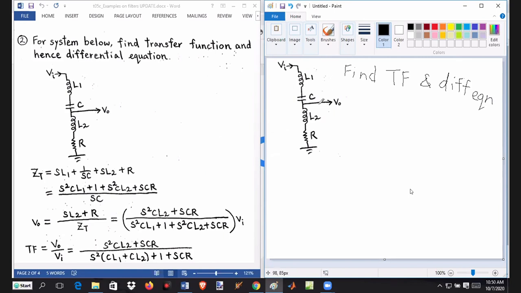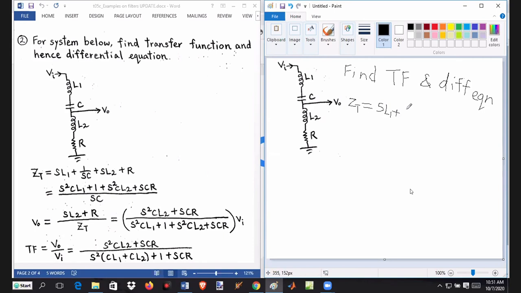So you start off by saying ZT equals what? L doesn't have the one at the top. You just put SL. SL1, okay? Just put S in front, that's all.